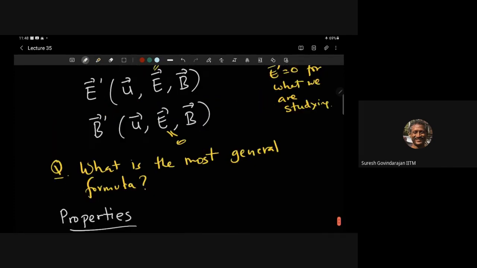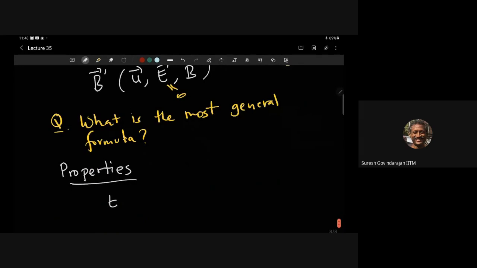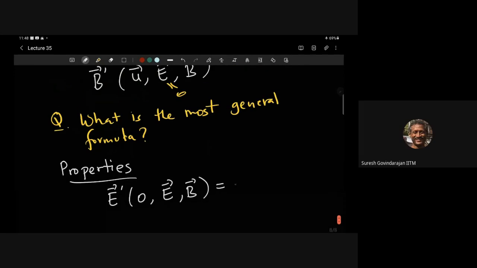So what happens if I put u equal to 0 in this? So I'm not going to set E equal to 0. I'll just write something. So E prime of 0, E, B. What should this be equal to? E itself. Right? Nothing deep. They're in the same frame.